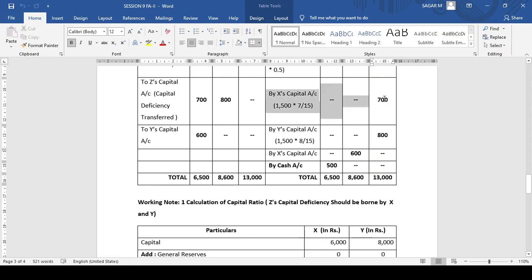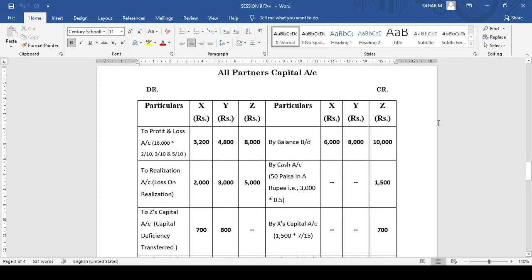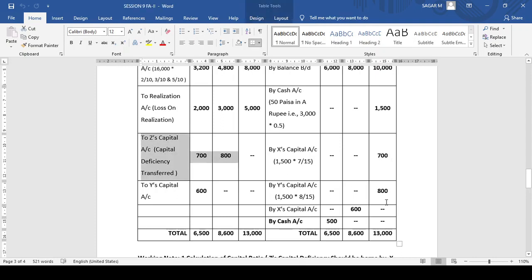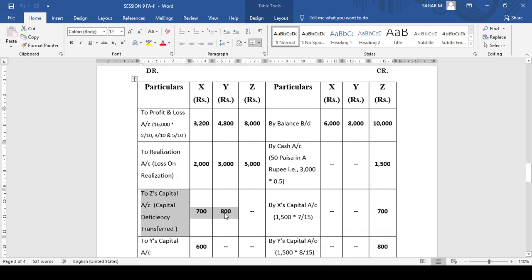As these entries have been made on the credit side of Z's capital, they appear on the debit side of X and Y. So the same 700 and 800 are brought to the capital accounts of X and Y.